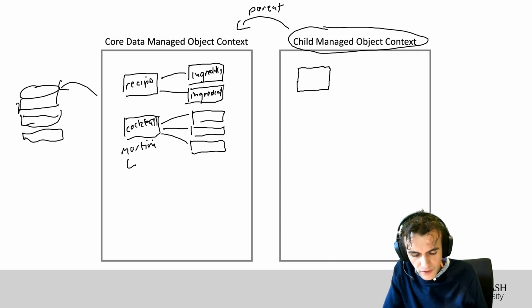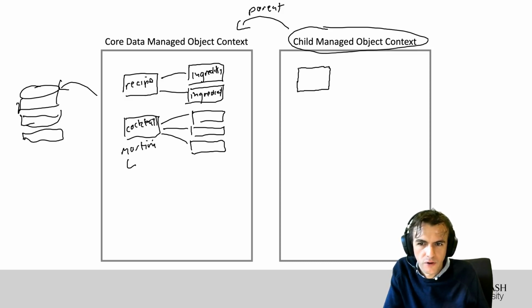By virtue of doing that, I can perform fetches in this managed object context, and I will see all of the data in the parent context. That's fine. But I can just use this context as I would the primary or the parent managed object context, and I use it in exactly the same way.